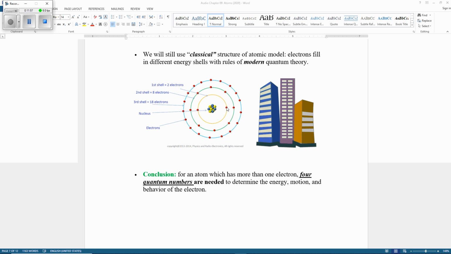In helium, the second electron is going to stay here. But now the next one, lithium. Lithium has three electrons. The first two are going to stay here. The third one will go to the second energy shell.